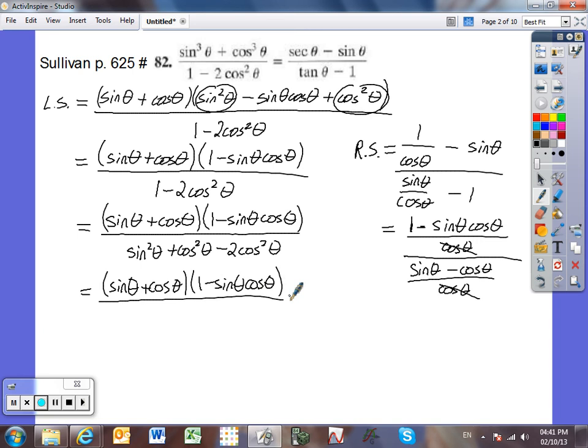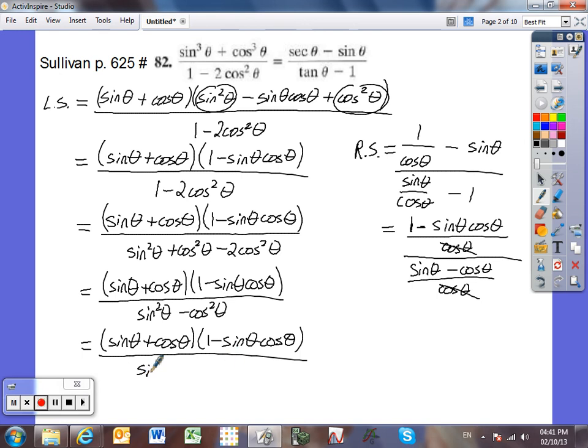So I've now got a difference of squares, and so my denominator is now going to factor into a sine plus cosine and a sine minus cosine.